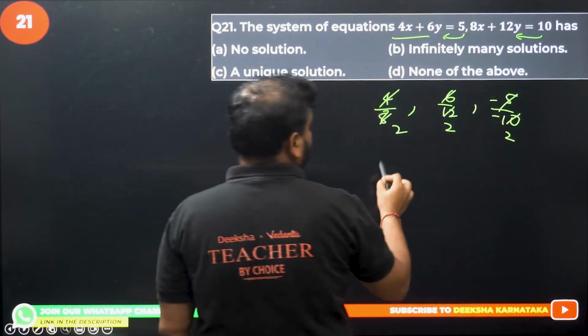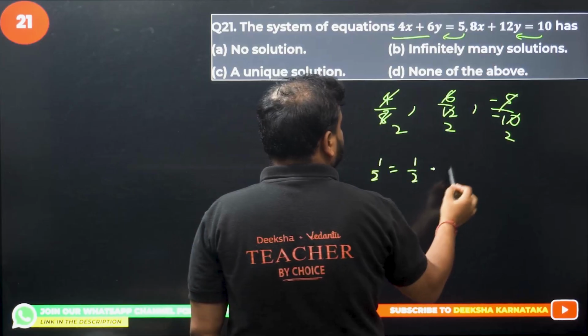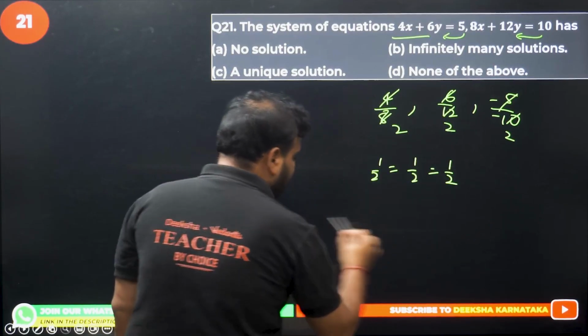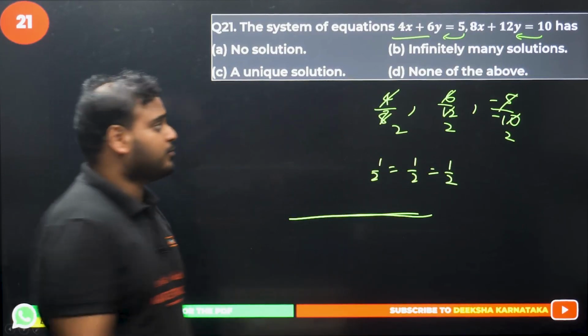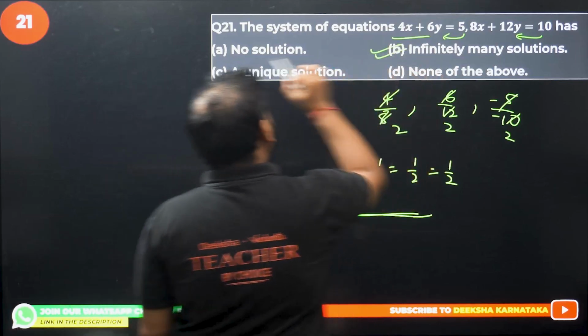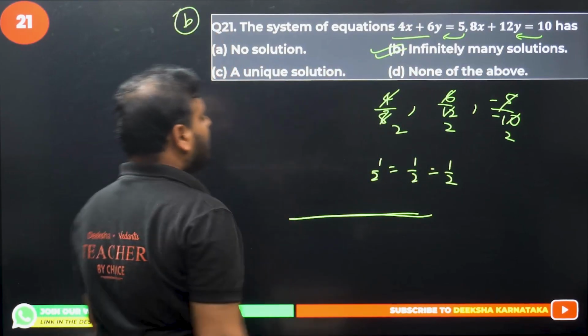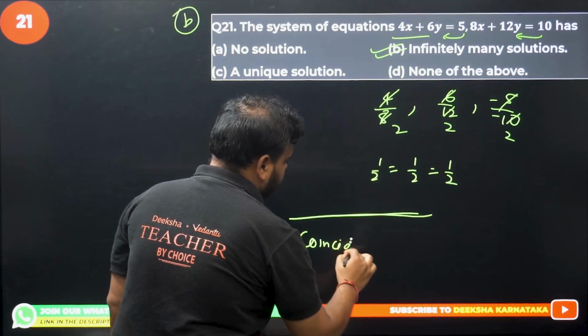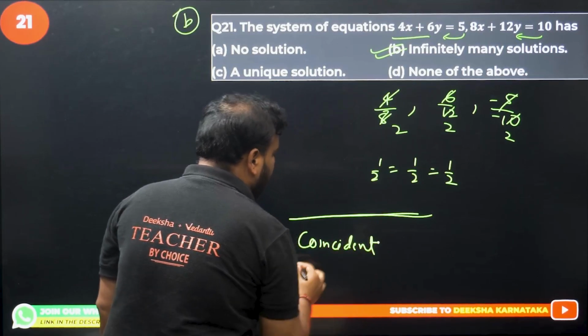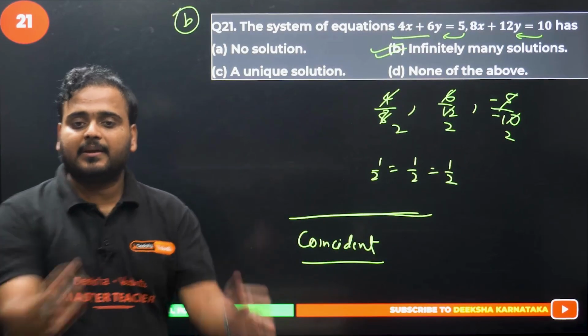They are all equal. It means they are coincident lines, so they'll have infinite solutions, because they are overlapping in nature.